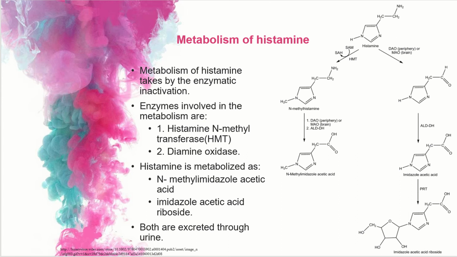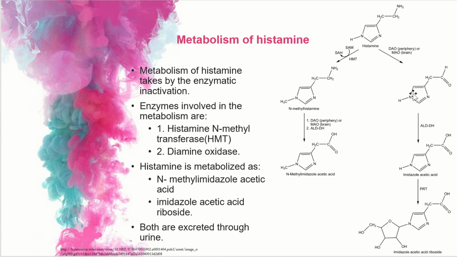All right, so for the metabolism of histamine, we can see that it has 2 parts and 2 end products. So metabolism of histamine takes place by enzymatic inactivation. So here, these are the 2 enzymes involved: histamine N-methyltransferase here, and diamine oxidase.